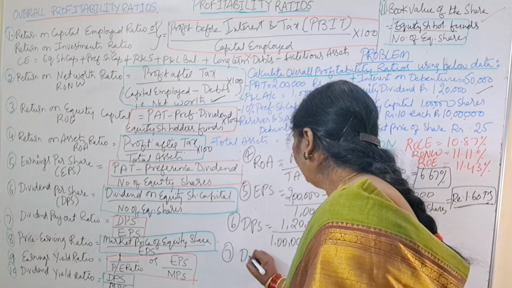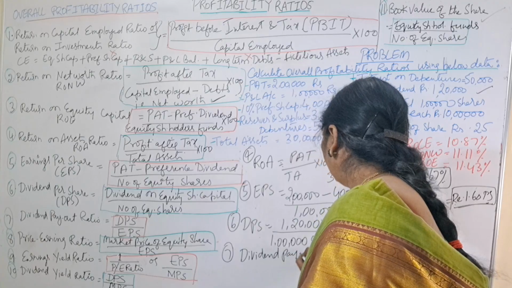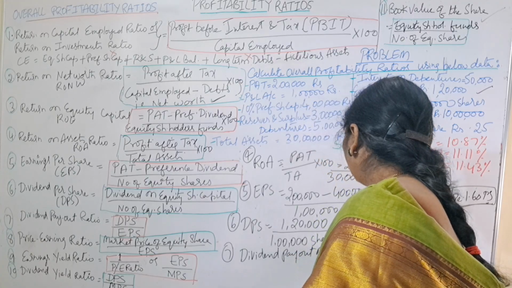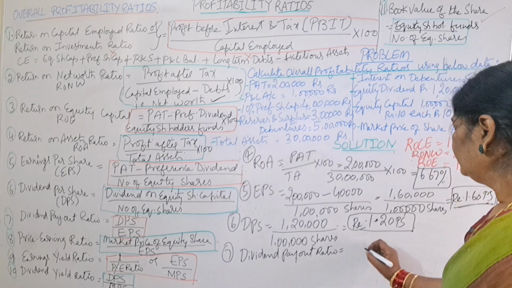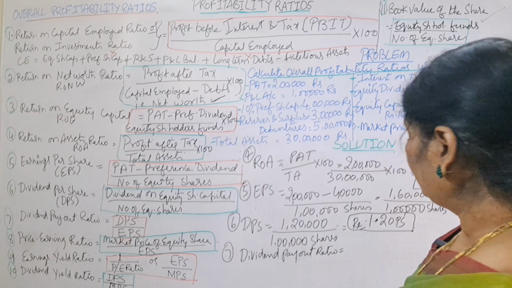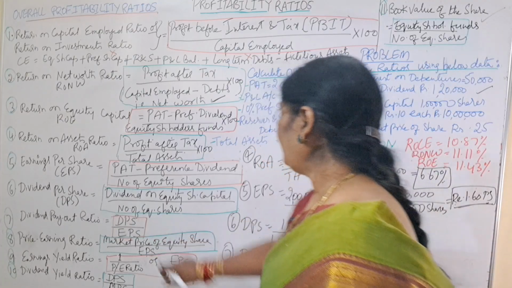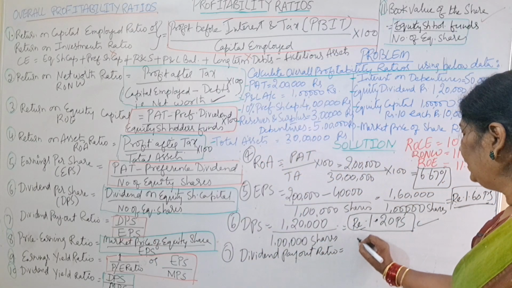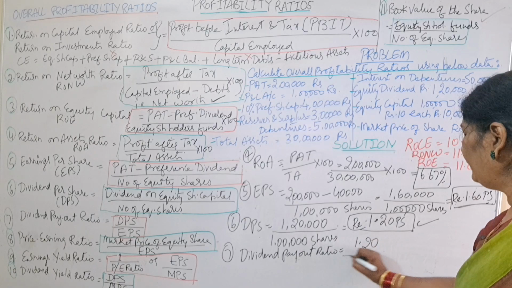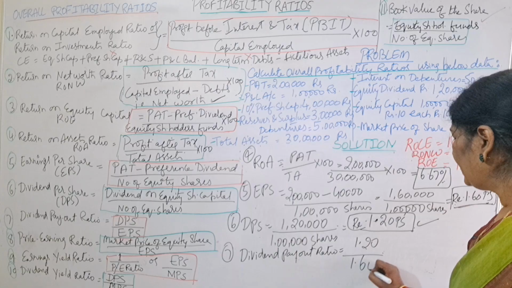So dividend payout ratio is how much? So dividend payout ratio formula is what? DPS by EPS. So here already we have calculated DPS, right? So we'll take DPS 1 rupee 20 paisa divided by EPS. EPS is how much? 1 rupee 60 paisa.